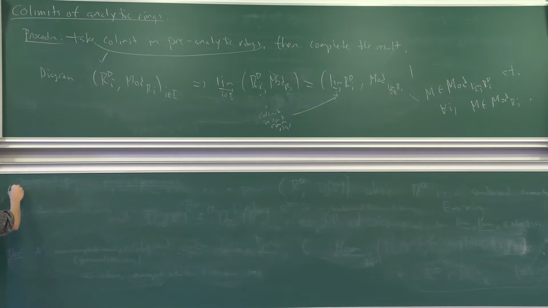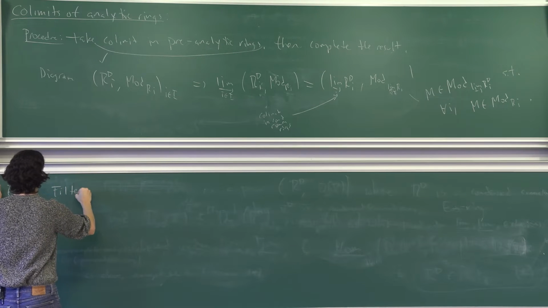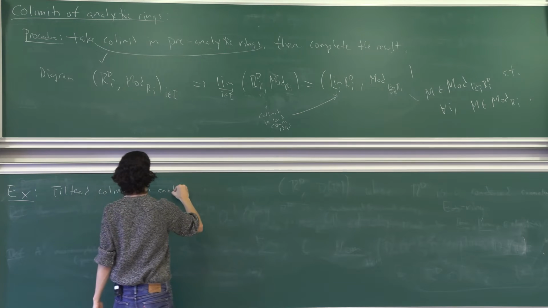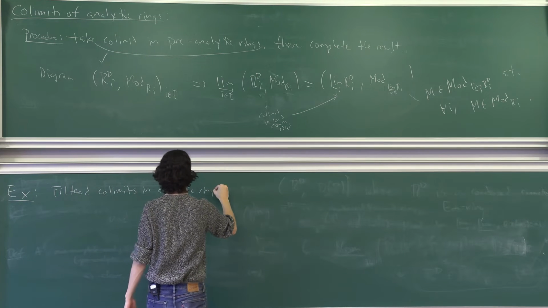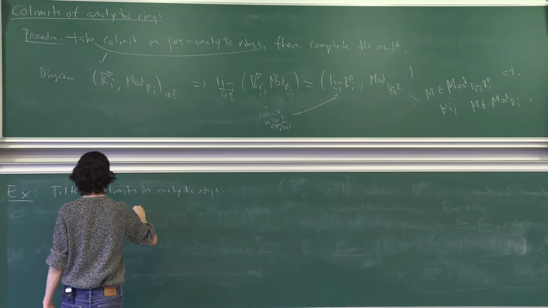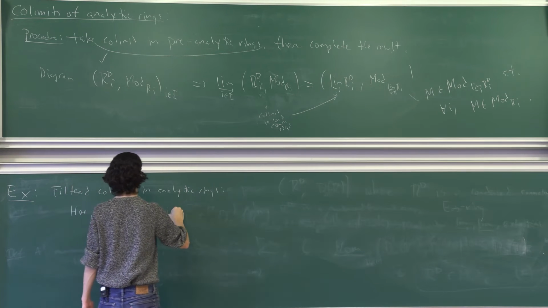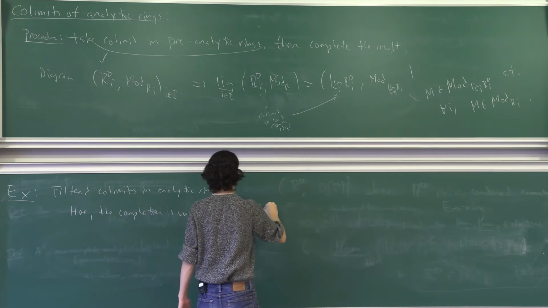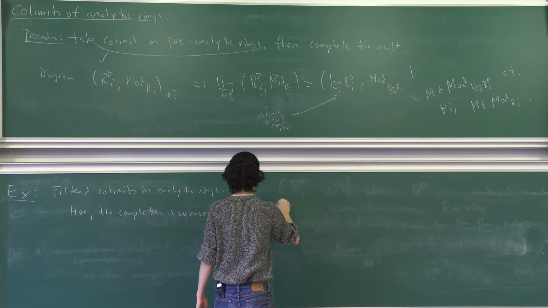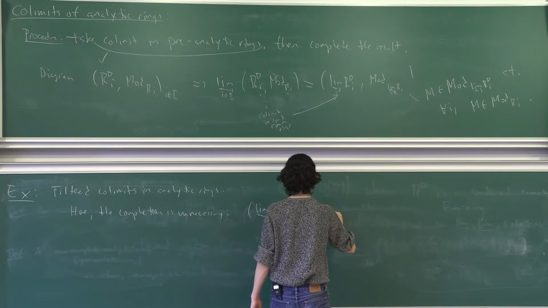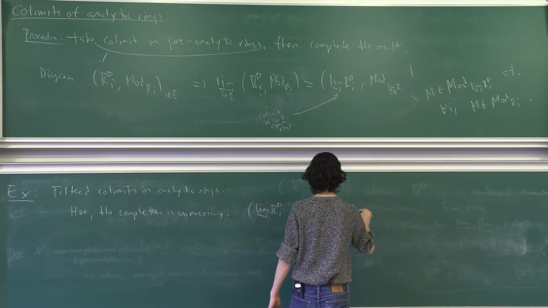So let me now take some examples. Filtered colimits in analytic rings. The claim is that here the completion is unnecessary. So this filtered colimit of R_i triangle with mod of the filtered colimit of R_i is already complete.